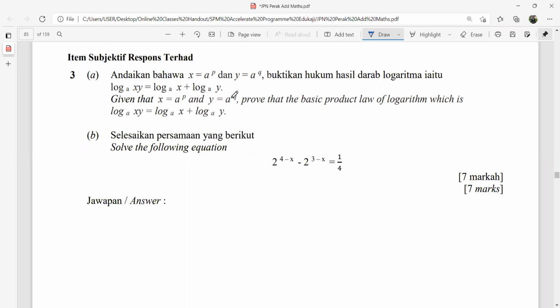So everyone do it now. Okay, can do or not?